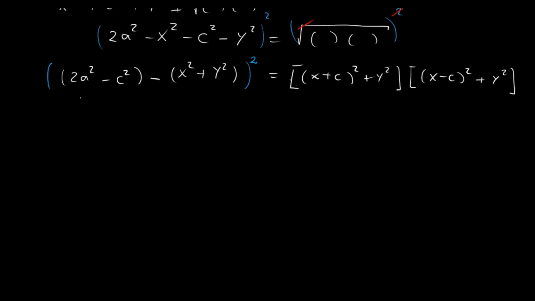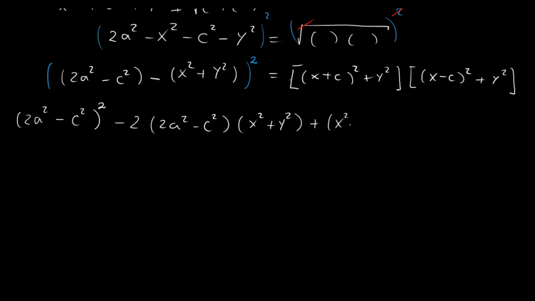And now we're going to work on this side of the equation. And so we get (2a squared minus c squared) squared minus 2 times the first term multiplied by the second one plus (x squared plus y squared) squared. And this will all equal the multiplication of these two terms.